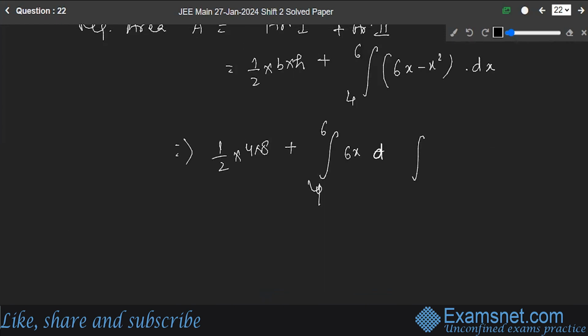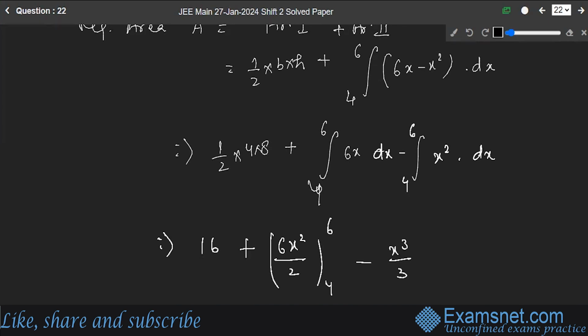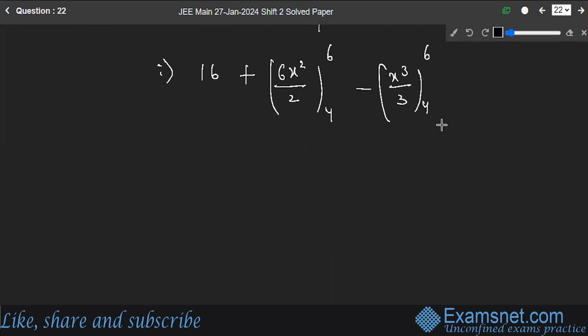That will be equal to 16 plus 6x square upon 2 with these limits, minus x cube upon 3 with these limits. So this will be 16 plus 3x square from 4 to 6, minus x cube upon 3 from 4 to 6.